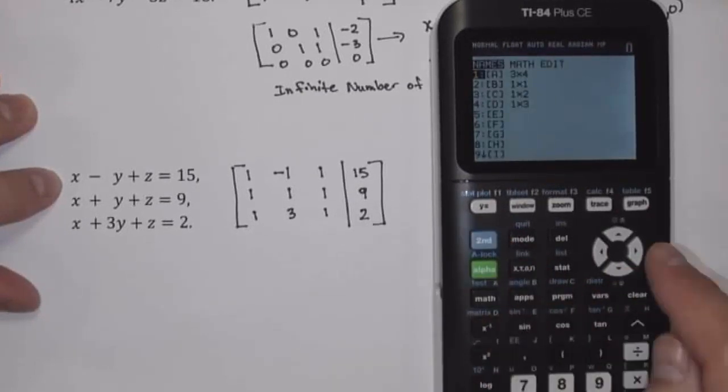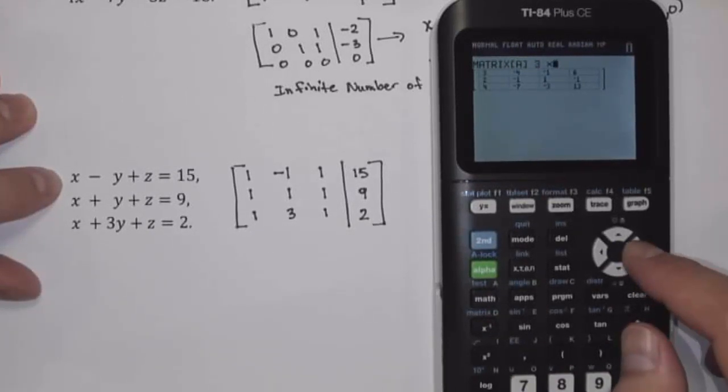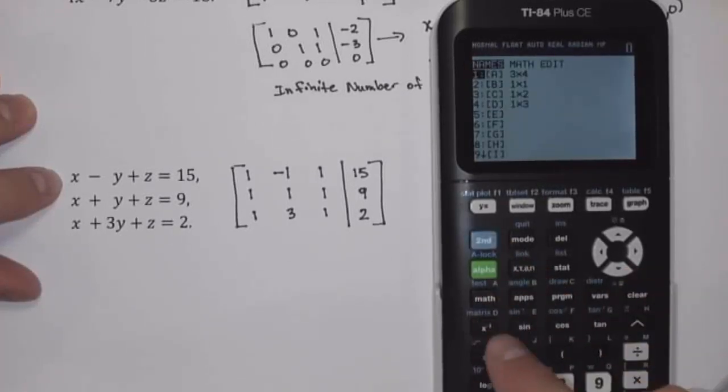So I'm going to enter this matrix into my calculator. Again, matrix, and we're going to edit, and I'm going to use matrix A. This matrix is a 3 by 4 matrix, so I'm just going to enter in my values: 1, negative 1, 1, 15, 1, 1, 1, 9, and 1, 3, 1, 2. So second, quit, go back to the home screen, back to matrix.